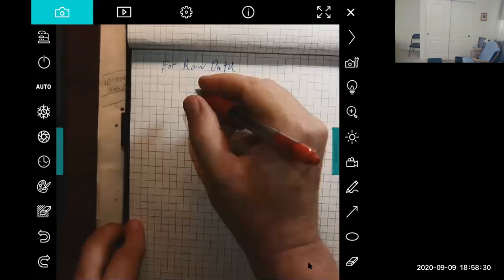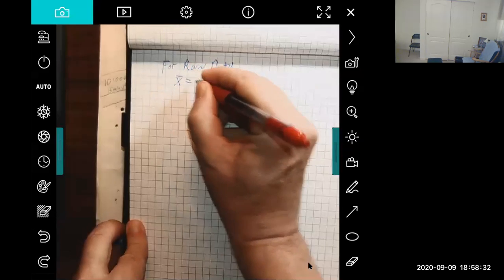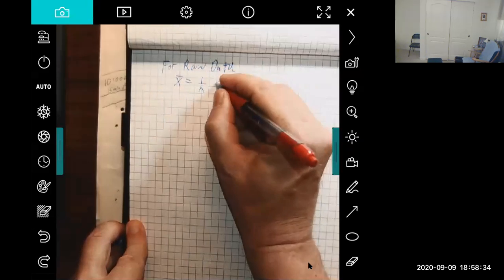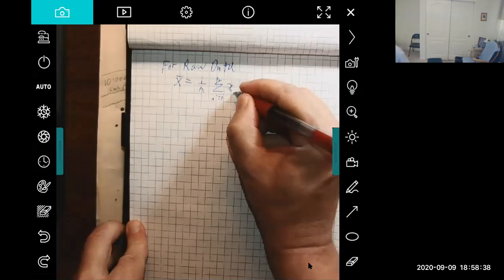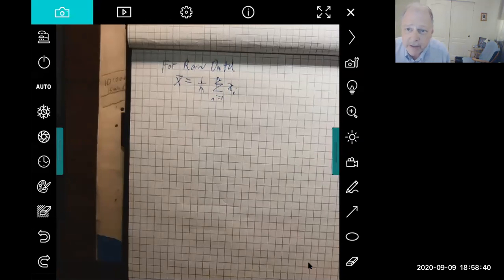So for raw data, if I had a list of all the individual x values, I add them up, divide by how many there are. Simple.